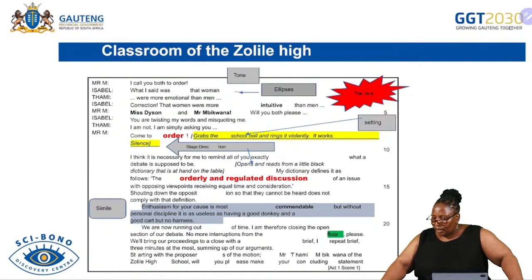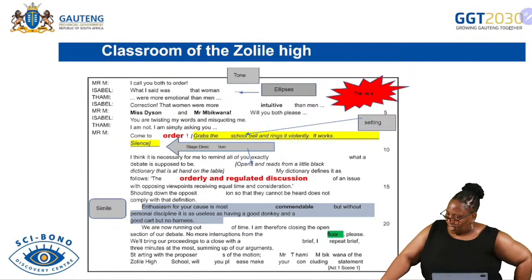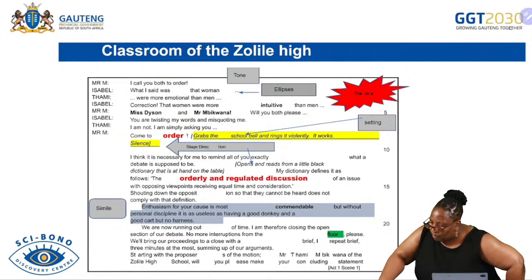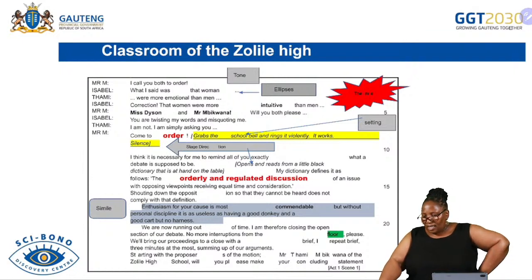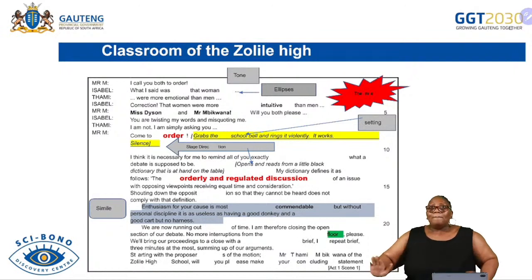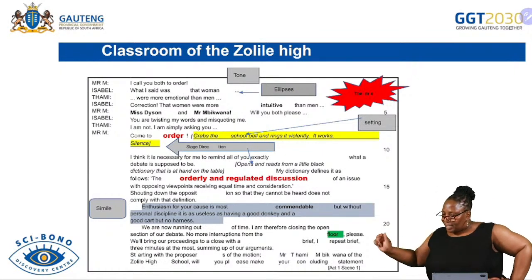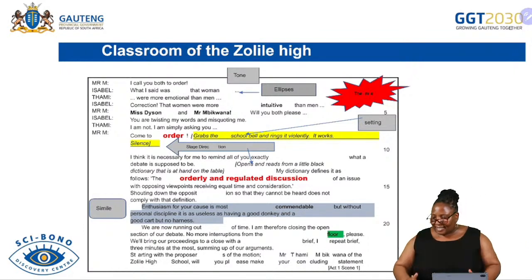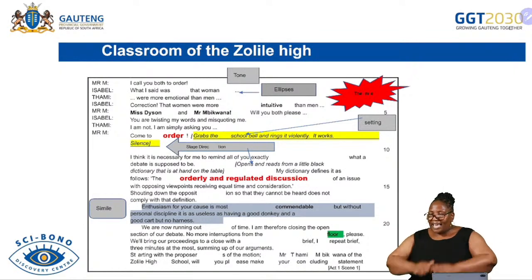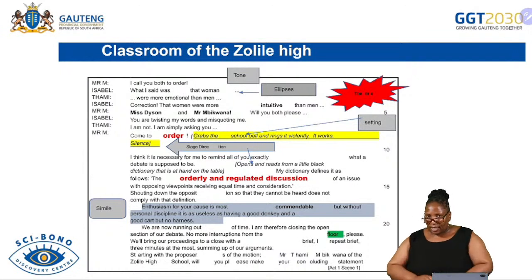That's Mr. M. What I said was that women were more emotional than men. Correction, Tammy. That women were more intuitive than men. Miss Dyson and Mr. Mbikwana, will you both please? You're twisting my words and misquoting me. I'm not. I am simply asking you. Come to order. He grabs the school bell and rings it violently. It works silence.